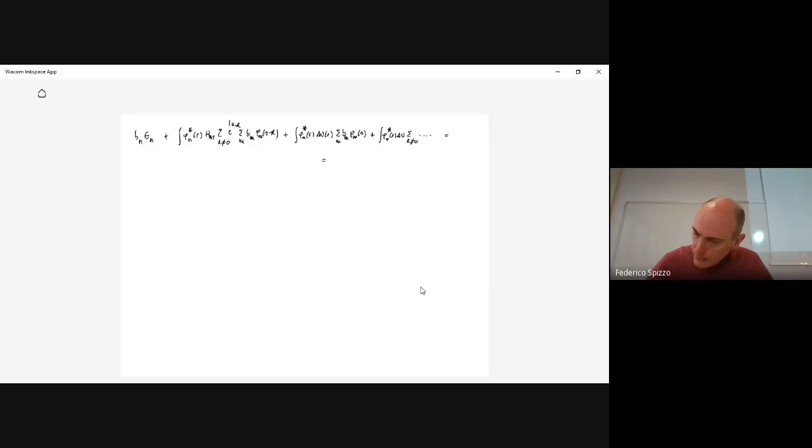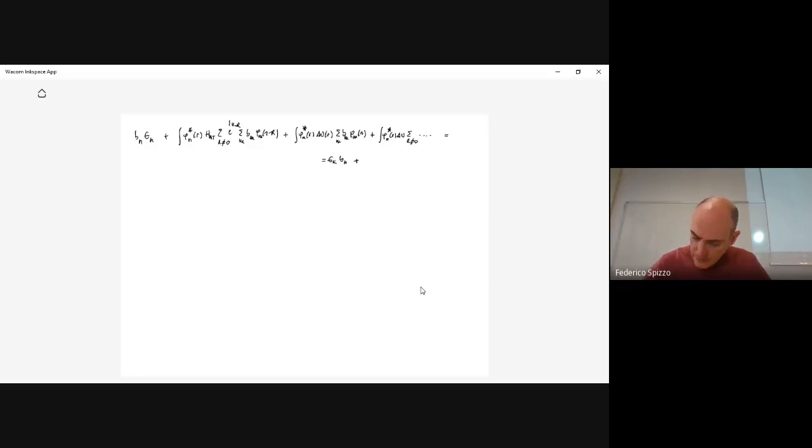Then on the other side, we have E of k times Bn, because on the right side we had the scalar product between the atomic orbital with index n and the combination of atomic orbitals. In that case, due to the orthogonality, just the coefficient corresponding to the atomic orbital with index n survives in the scalar product.